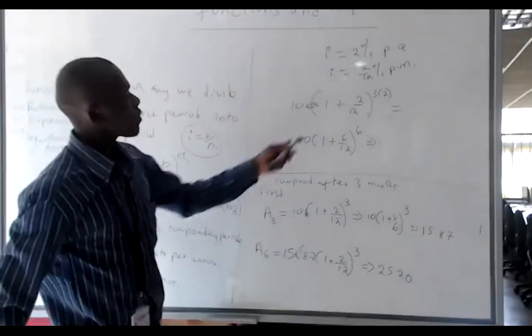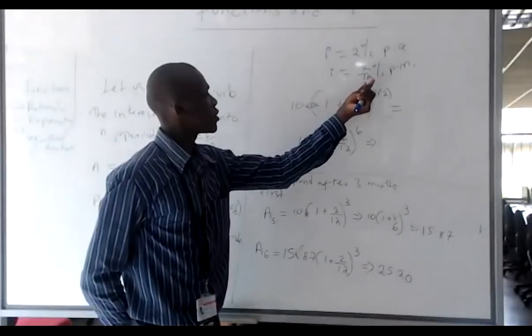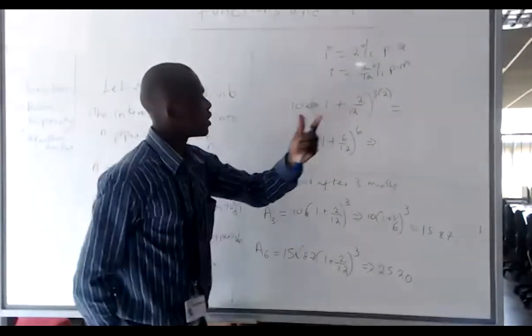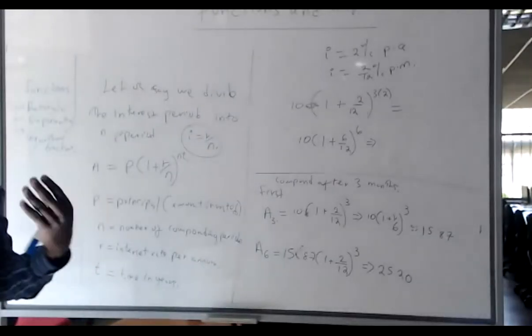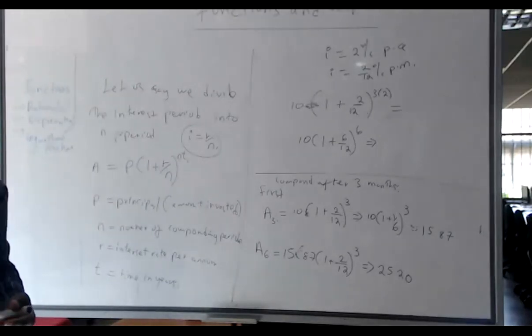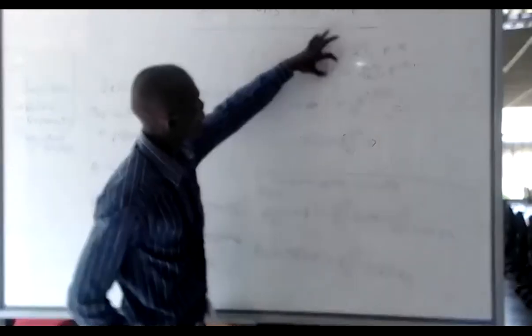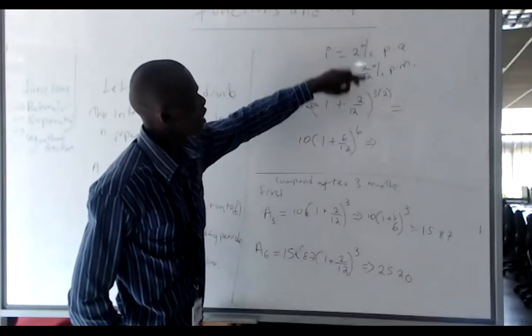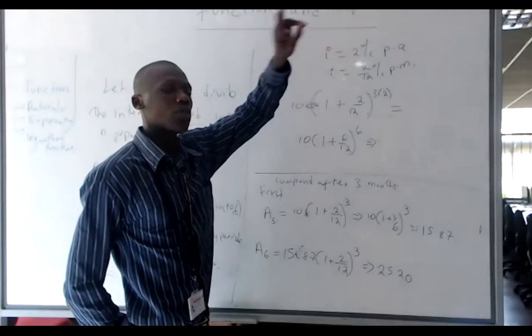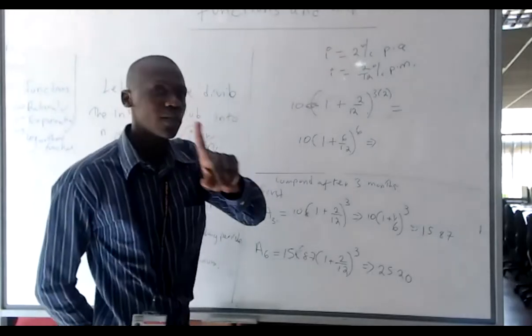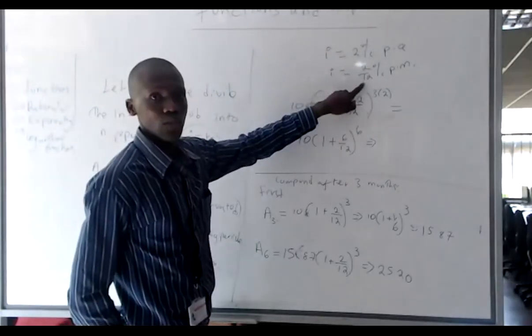So here you actually have 12 periods because in a year there are 12 months. You're compounding per month, okay? So that's why to find the interest amount is 2 divided by 12. 2% is earned per year. A year has 12 months. So in 1 month, you will earn 2 divided by 12.